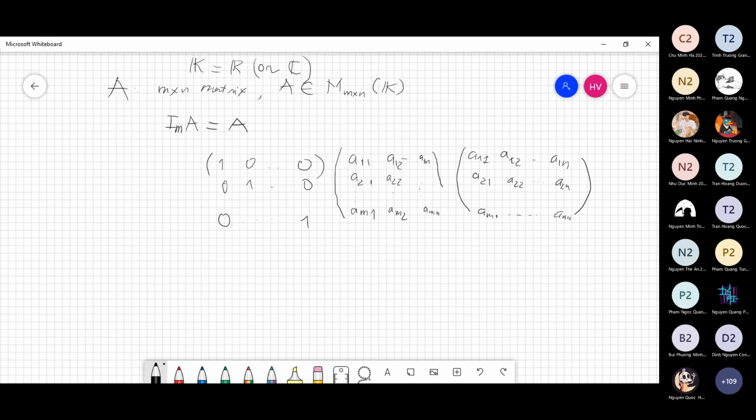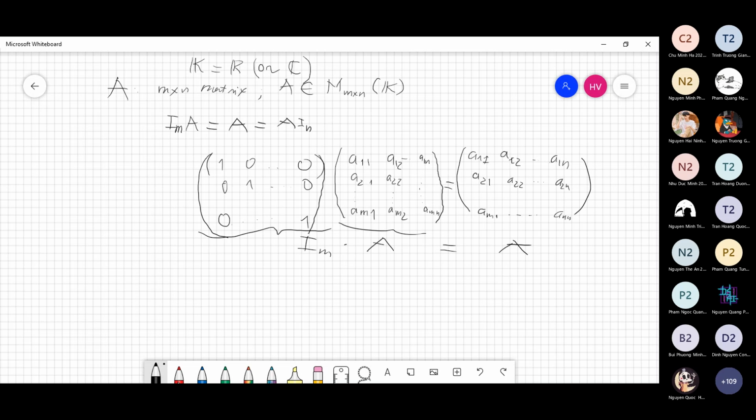That should be the matrix, and this matrix is A. This is I_m. A equals A. Similarly, you can multiply A with I, but the other side here should be n. The number of columns of A should be the same as the number of rows of I, so here it should be I_n.